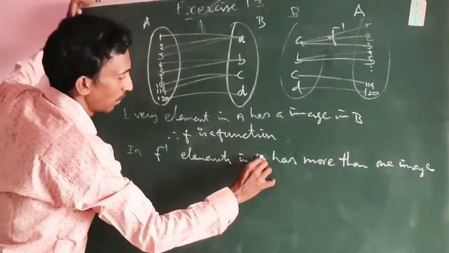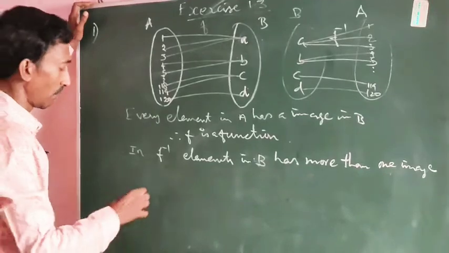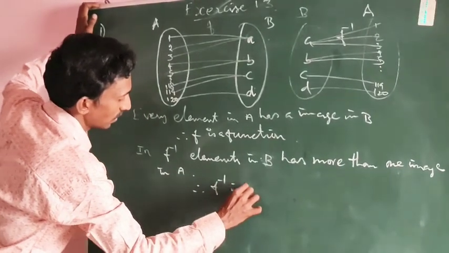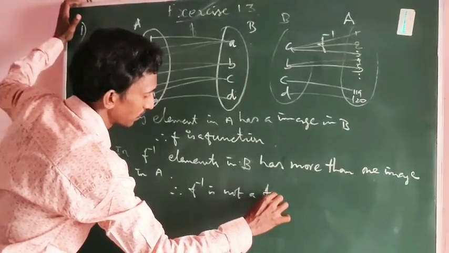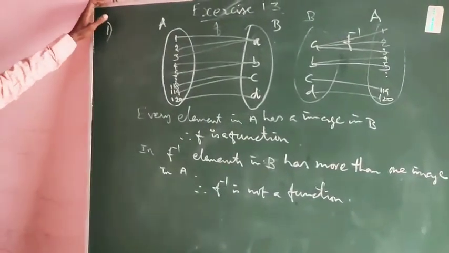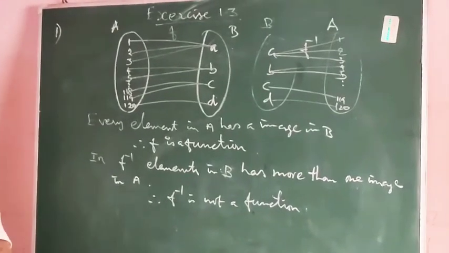Elements in B have more than one image in A. Therefore, F inverse is not a function. So likewise, we can explain the answer for the first question.